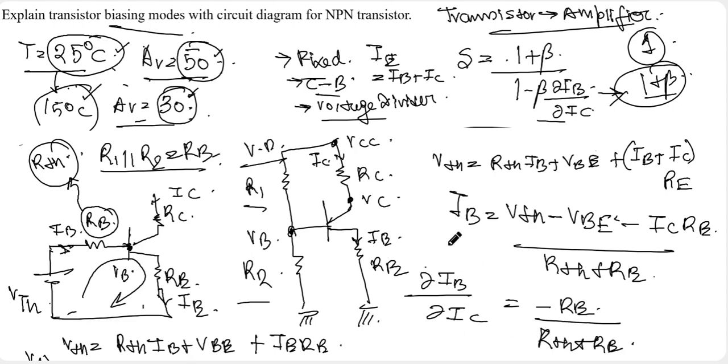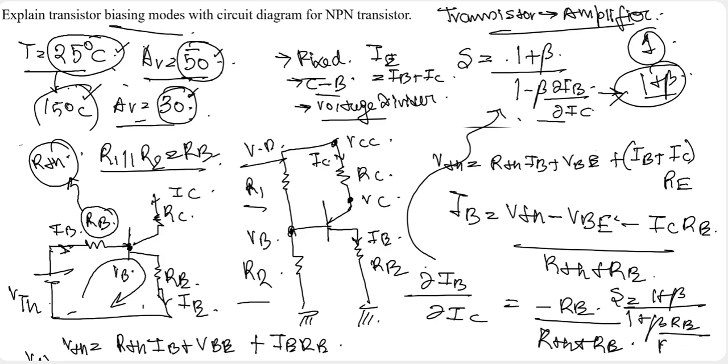And if we find del IB divided by del IC, it will be equal to minus RE divided by R of Thevenin plus RE. And if we apply this to the formula, we will be getting the stability factor S equal to 1 plus beta divided by 1 plus beta RE divided by R Thevenin plus RE.